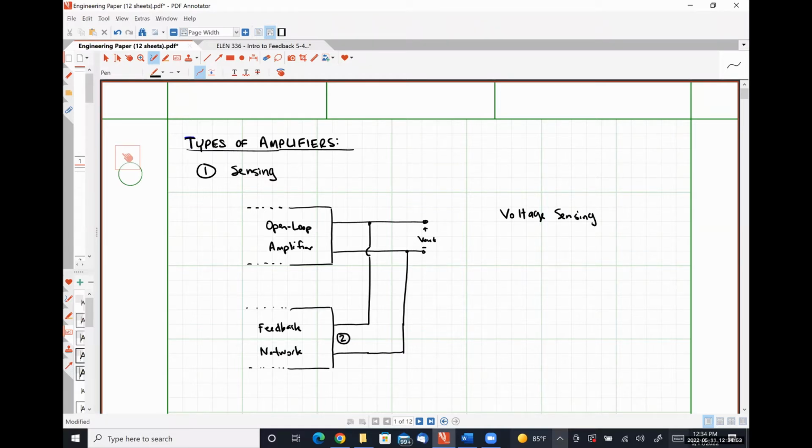And in this voltage sensing configuration, our output resistance with feedback, ROF, will be equal to RO divided by the amount of feedback, where RO is the characteristic output resistance of the open loop amplifier.